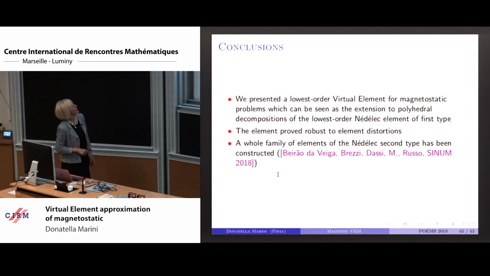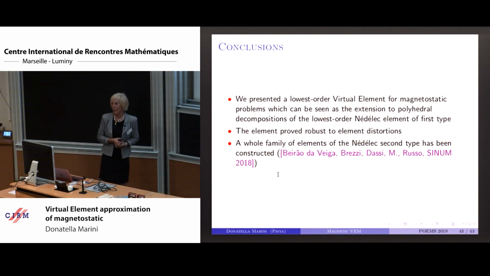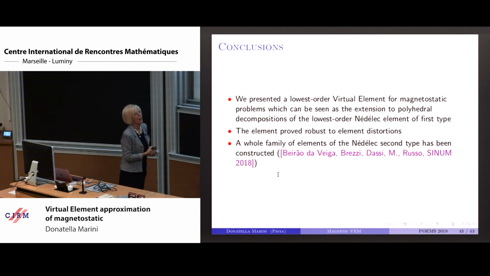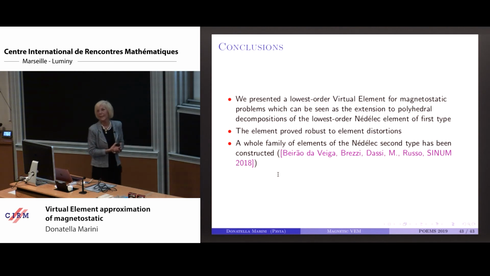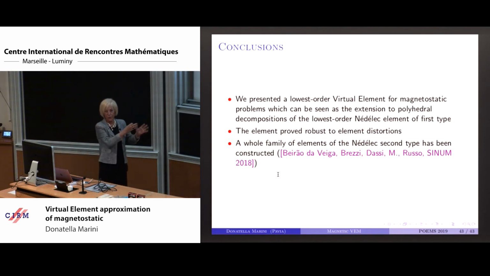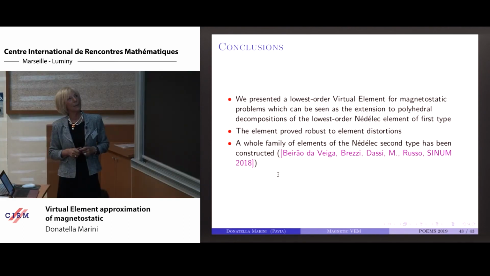To conclude, I presented the lowest order element for magnetostatic problems, which is the extension to polyhedra of lowest order Nedelec first kind. And the element proved very robust to distortion. You saw, I showed meshes very, very distorted, but the element doesn't bother.